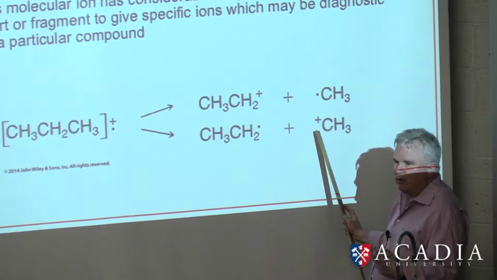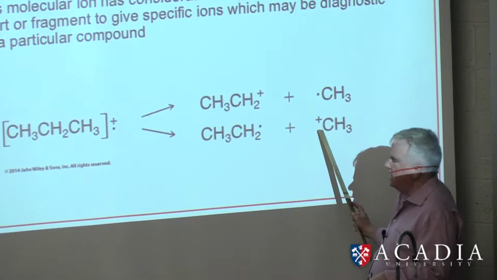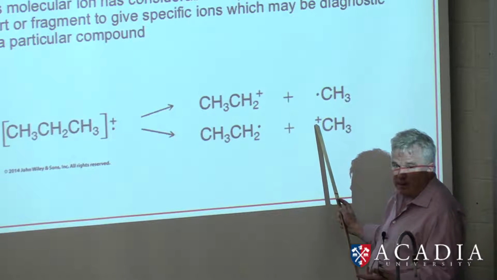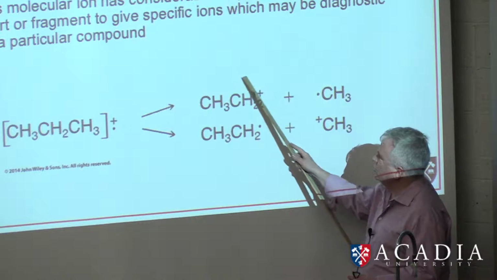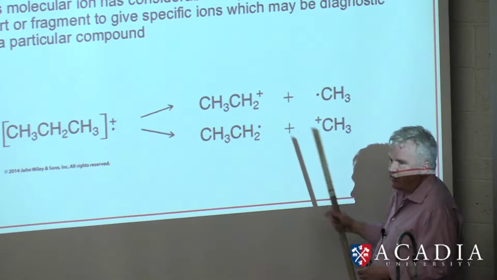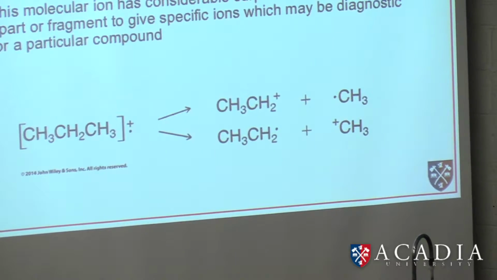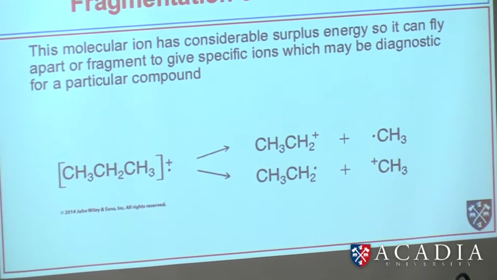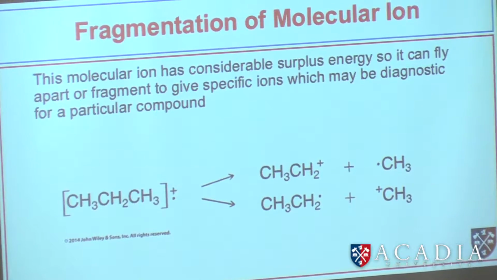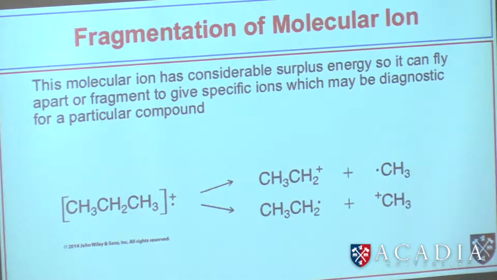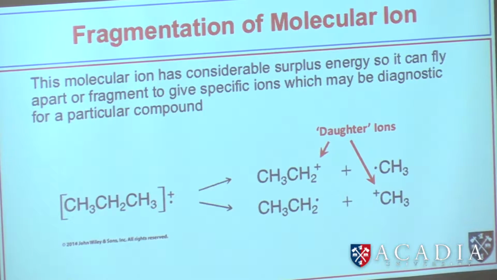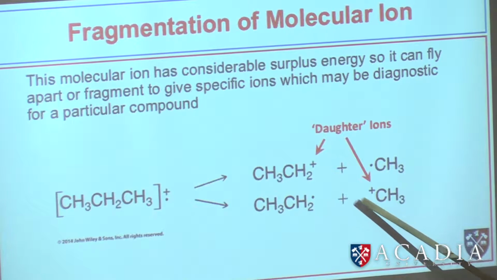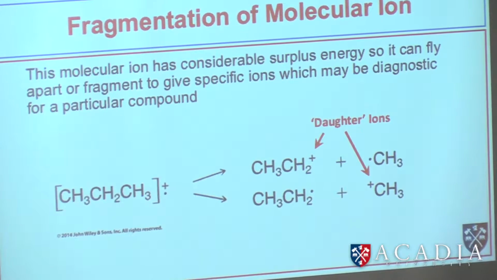Methyl cations are really, really hard to make. We can make them in a mass spectrometer, but we'd much sooner have an ethyl cation. So the cation stability is the most important aspect, and the radical stability is the second most important aspect. We call these fragmented cations daughter ions.